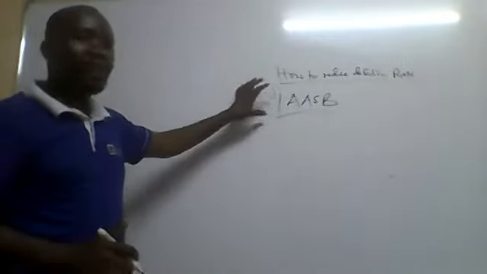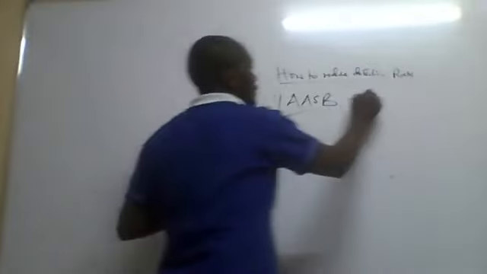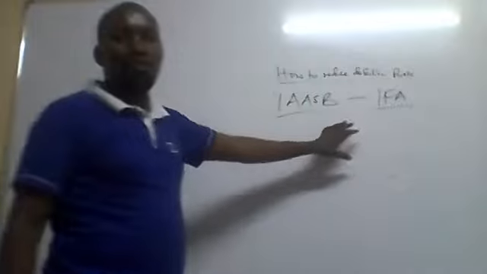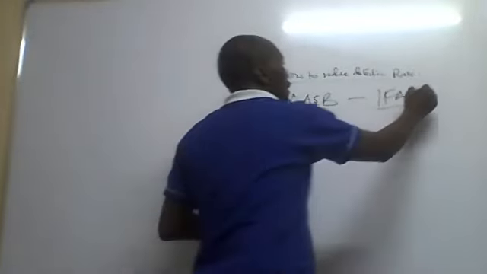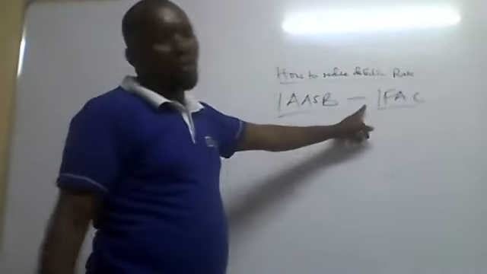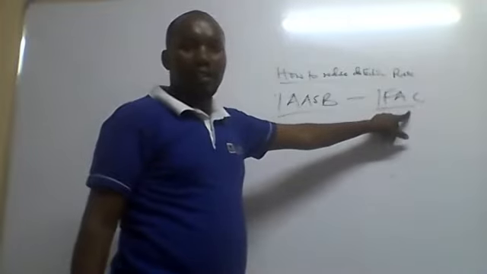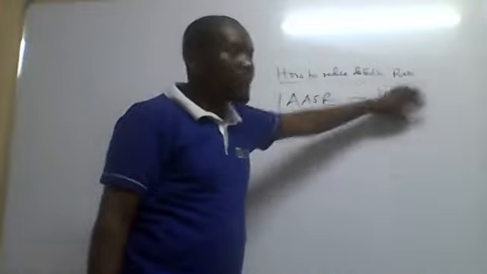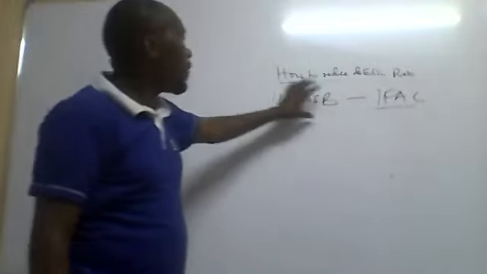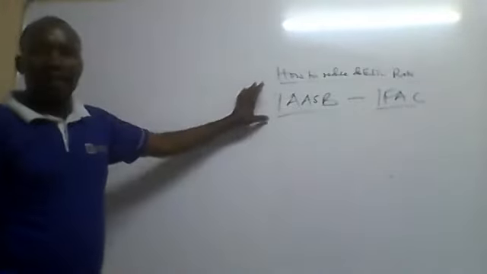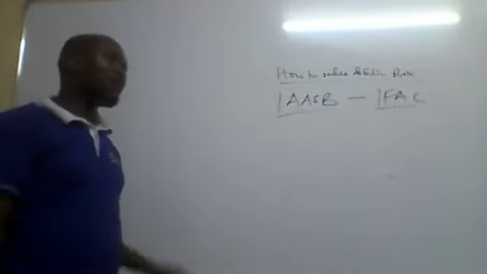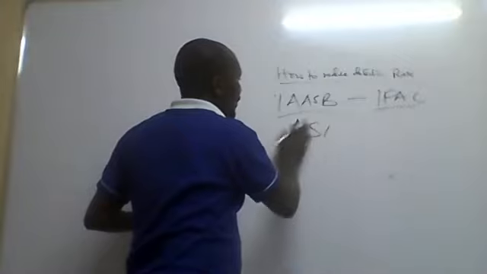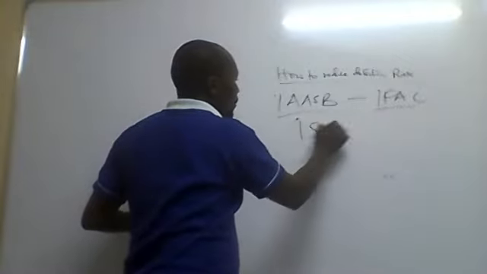This is a board formed by a group called IFAC, the International Federation of Accountants, a community of accountants. They have a board that comes up with the standards that we use for auditing, for example the ISA standards.